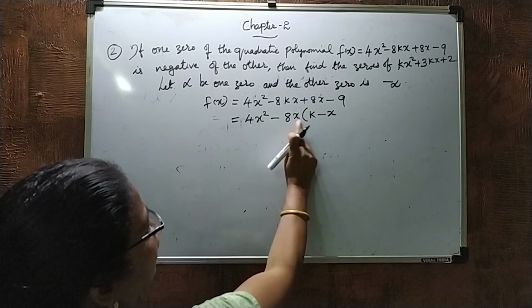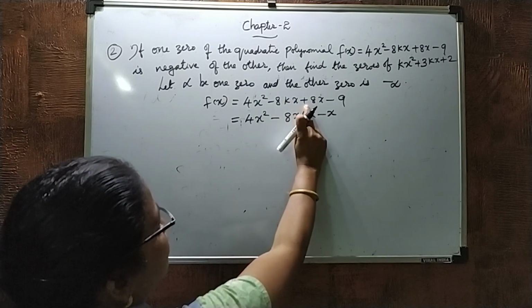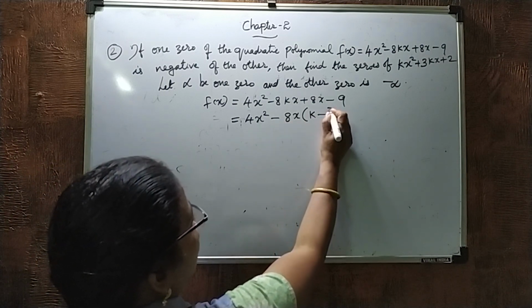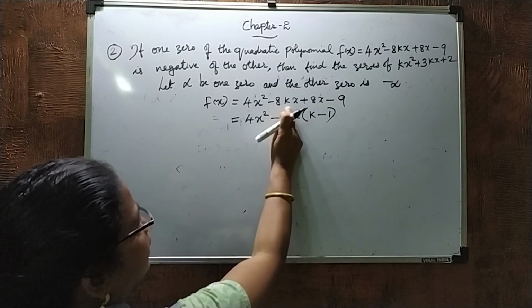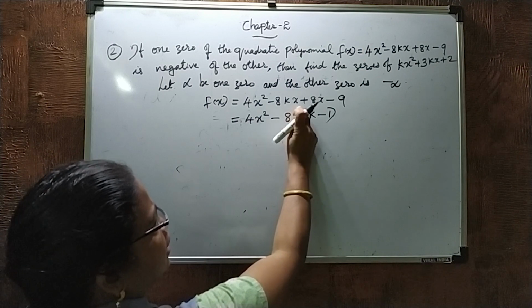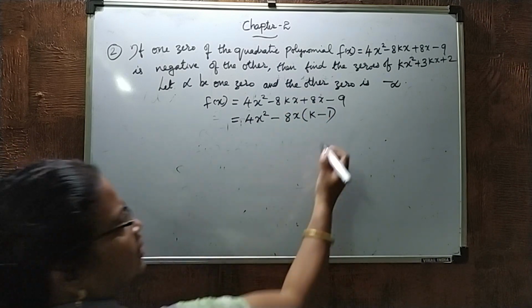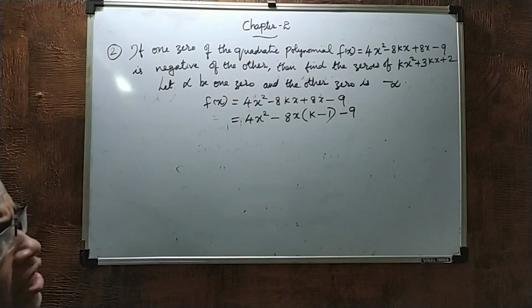Minus 8k into x is 8kx, and minus into minus gives plus 8x, that means here it will be 1. Just look: 8x into k is 8kx, minus 8kx. Then multiply with 8: minus 8x into minus 1 gives plus 8x. Then minus 9.